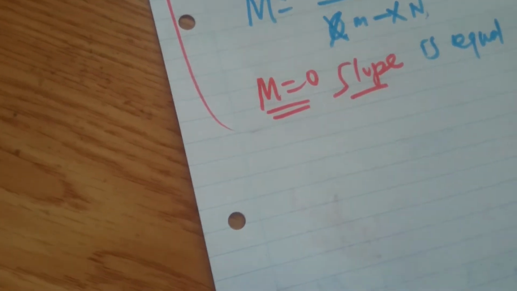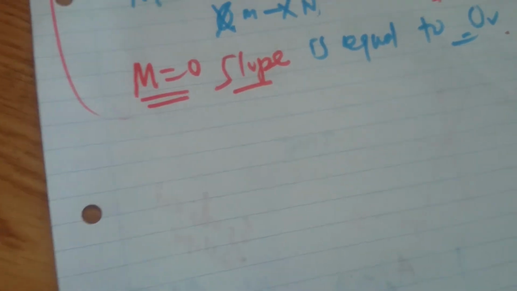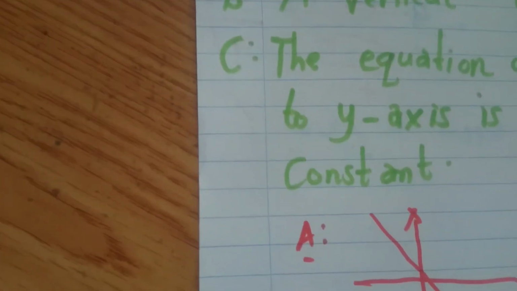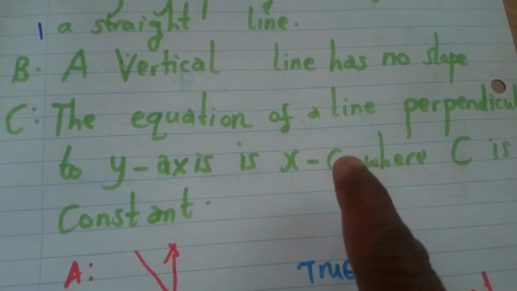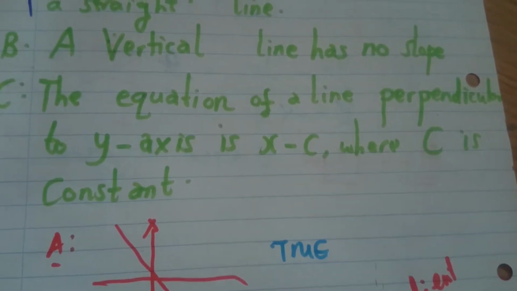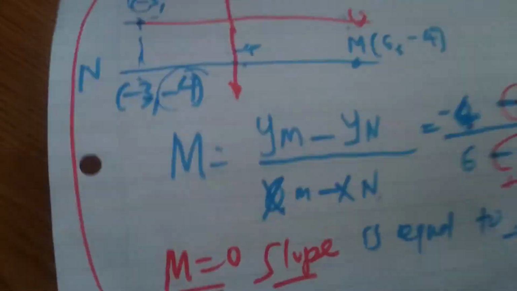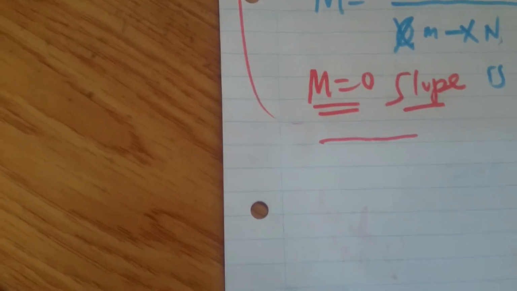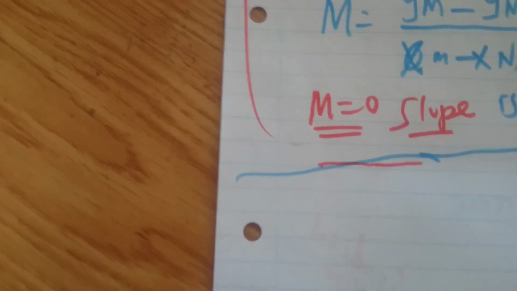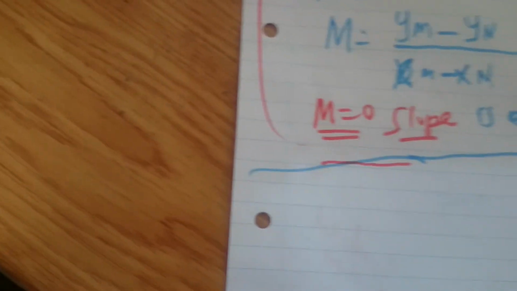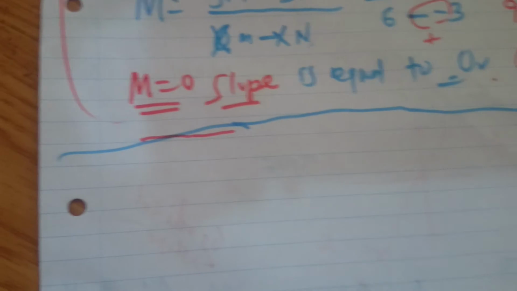Now they say the equation of a line perpendicular to the y-axis, so this is part of the question. They say the equation of a line perpendicular to the y-axis is x equal to c. Now let's go and get it. Let me use another color, green, since I've been using red and blue all the time.